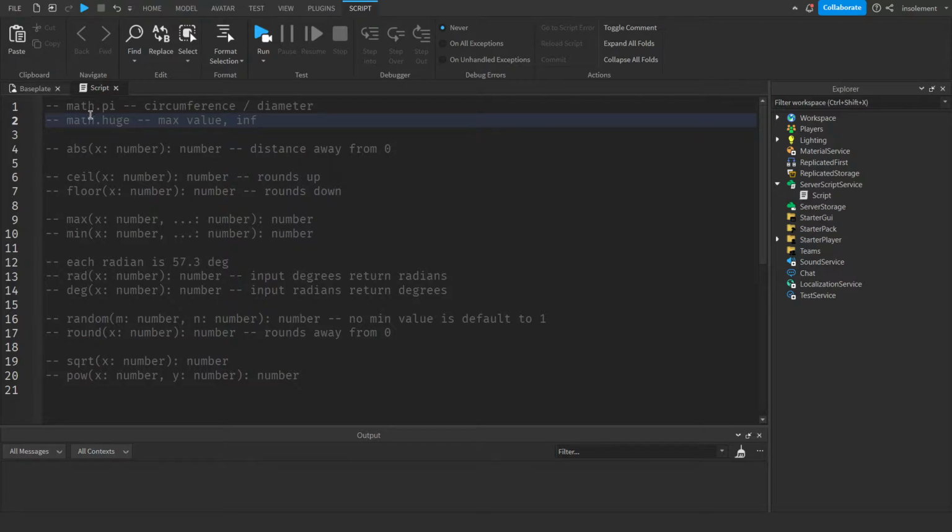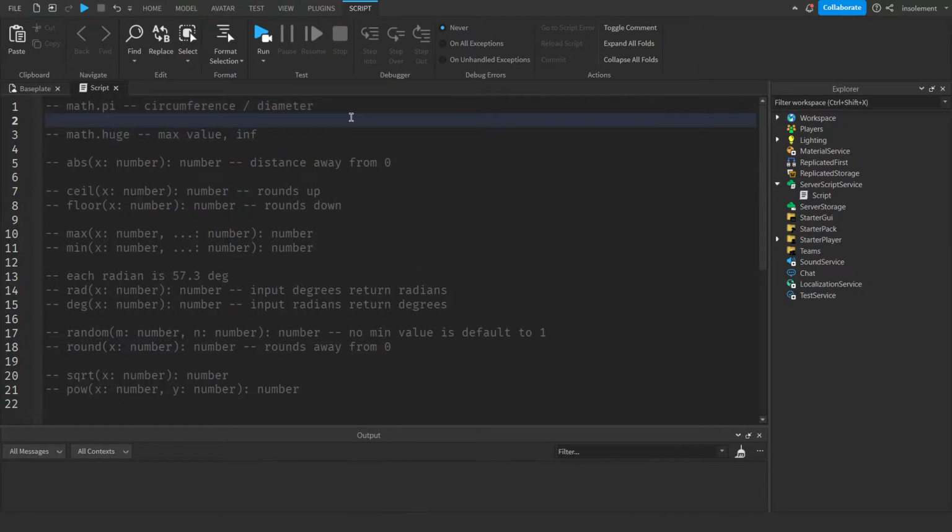So the first two, they're not considered functions, but they are considered properties of the math class. So math.pi. So pi is the little piece that's left of a circle that's quite not there.